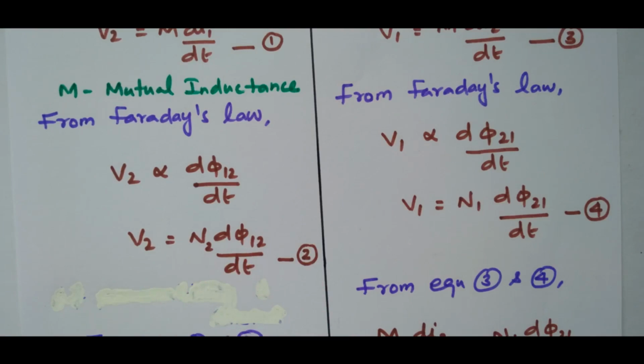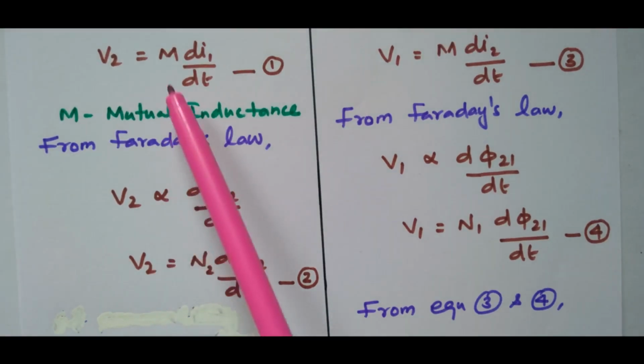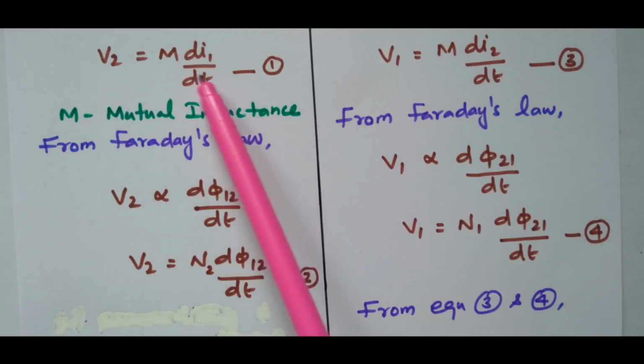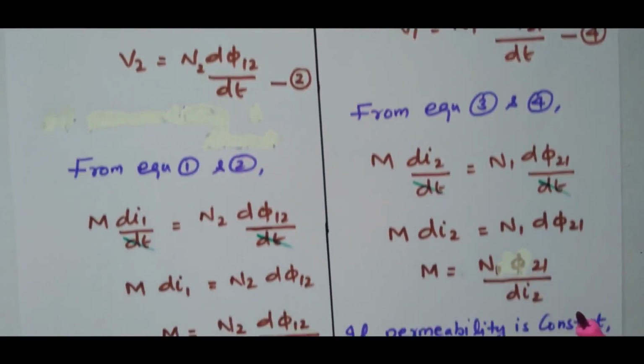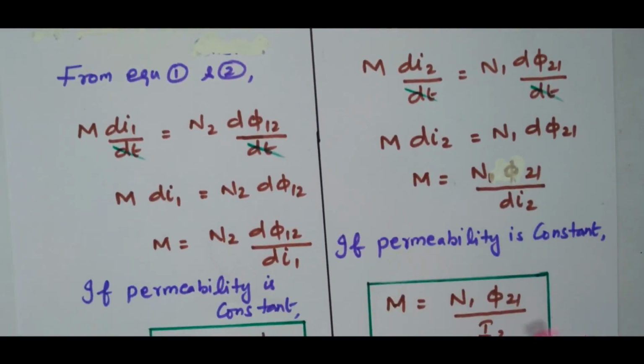Right? So now we have two equations. Equation 1 is V2 equals M dI1 by dt. Equation 2 is V2 equals N2 dφ12 by dt. The left-hand side is equal, so we can equate the terms on the right-hand side. From equations 1 and 2, M dI1 by dt equals N2 dφ12 divided by dt.